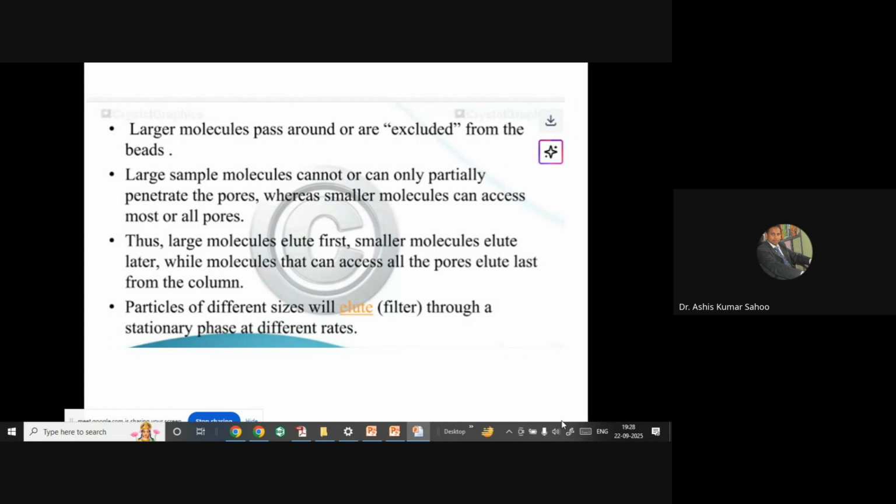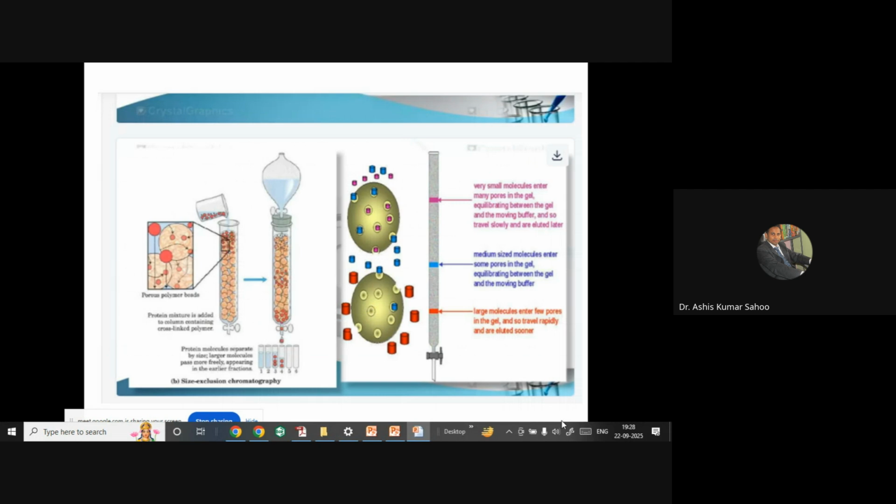Larger sample molecules cannot or can only partially penetrate the pores. So you can see, this is the total demonstration of size exclusion chromatography. Different size pores separate molecules at different times.